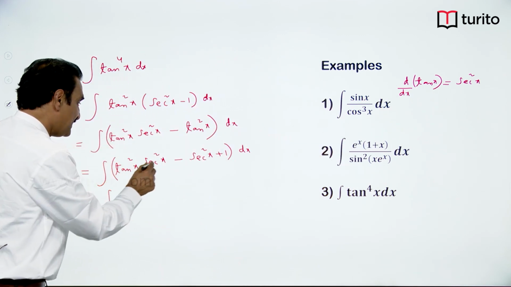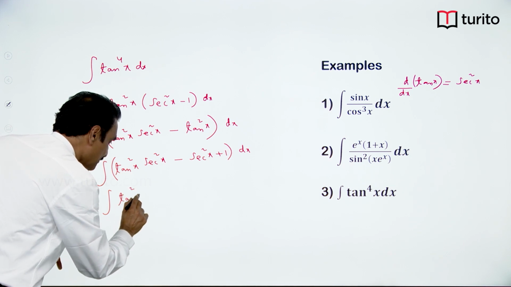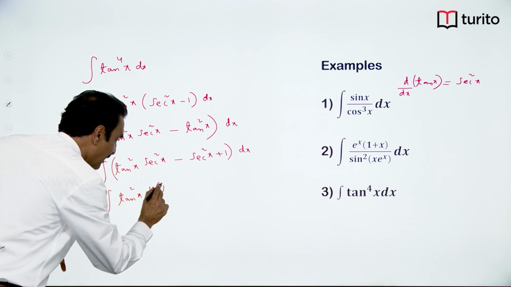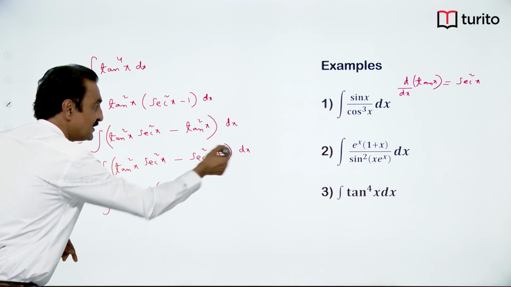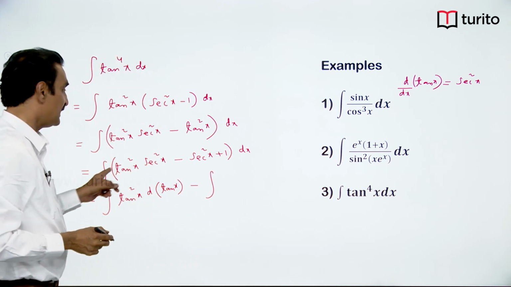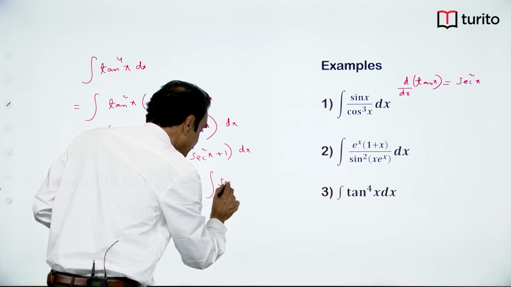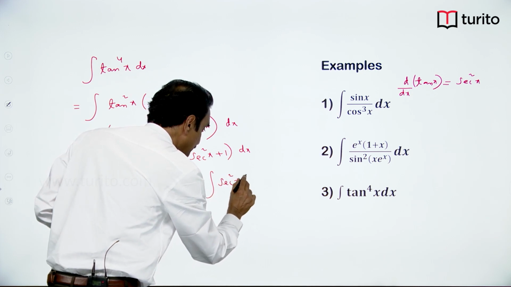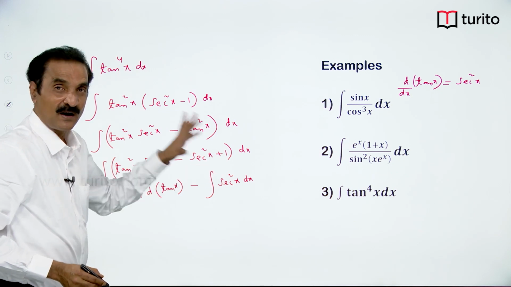So, I will write this as integral tan square x into d of tan x, minus integral secant square x dx plus integral 1 dx.